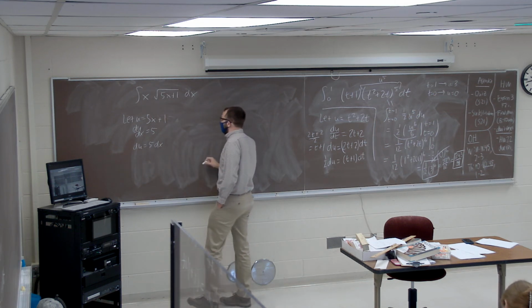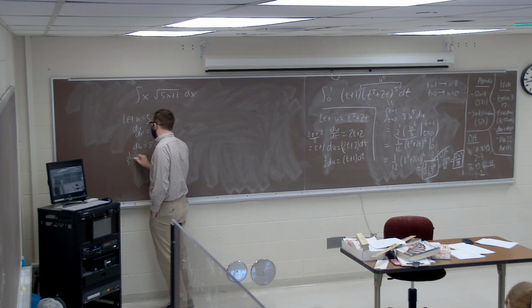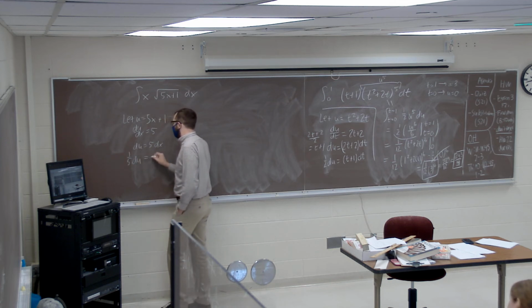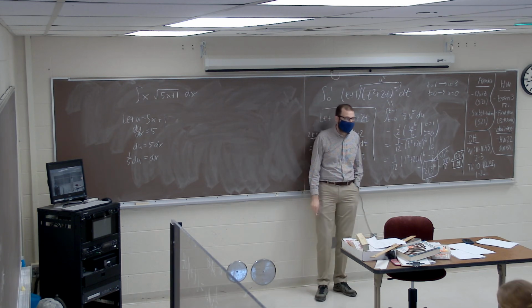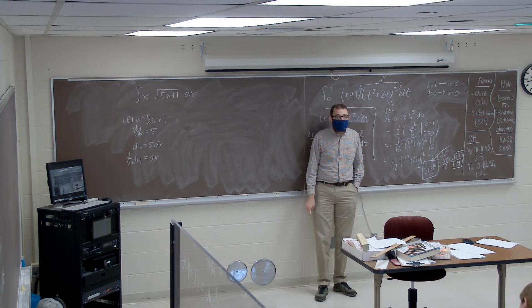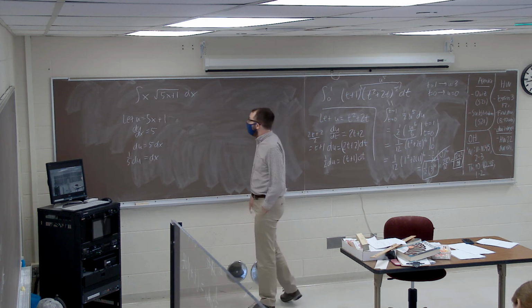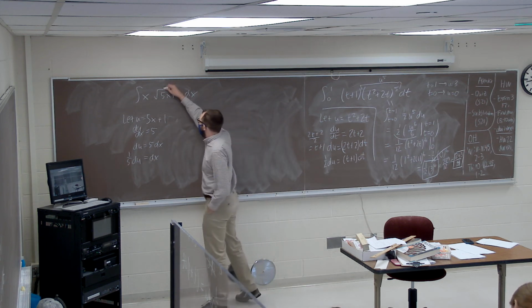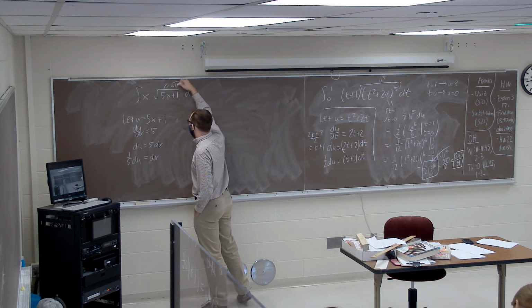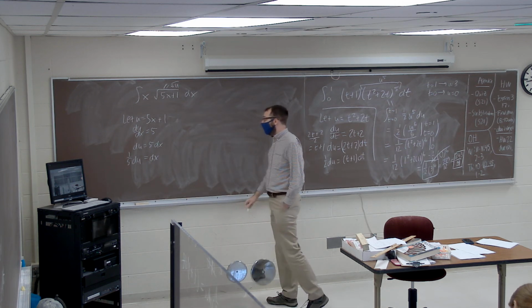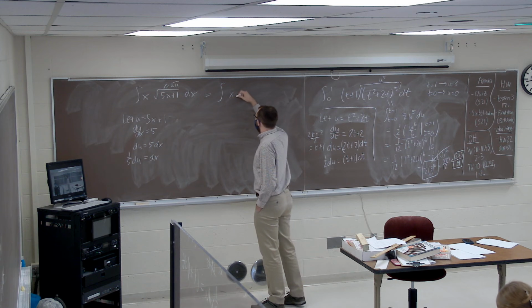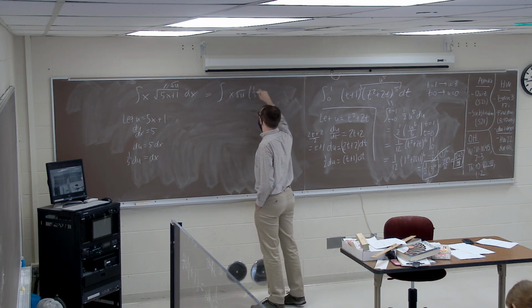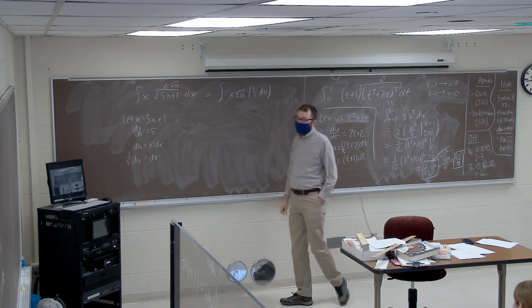I don't see a 5, so I'm going to just divide both sides by 5 to get 1/5 du equals dx. And so square root of 5x plus 1 will become square root of u. Dx will become 1/5 du. And we can write this as x square root of u times 1/5 du.